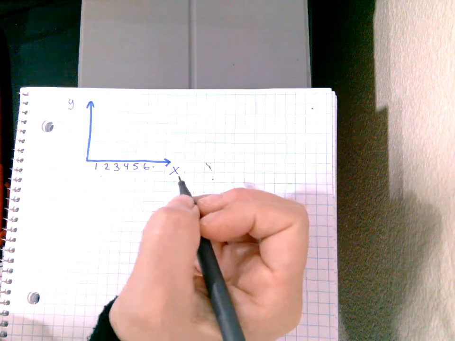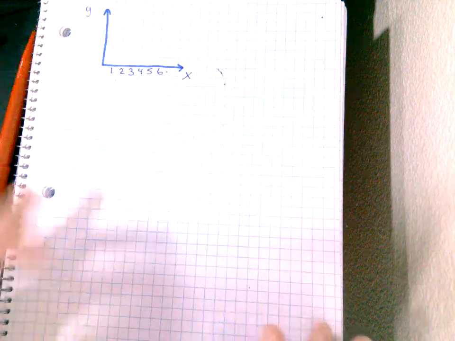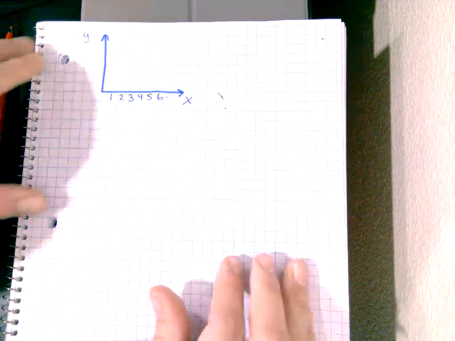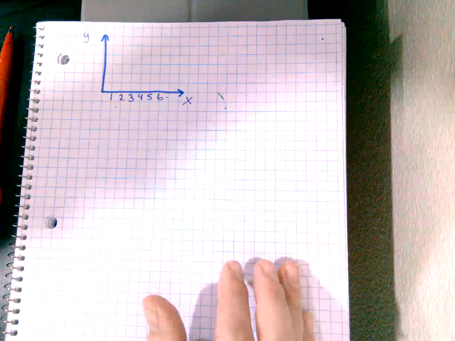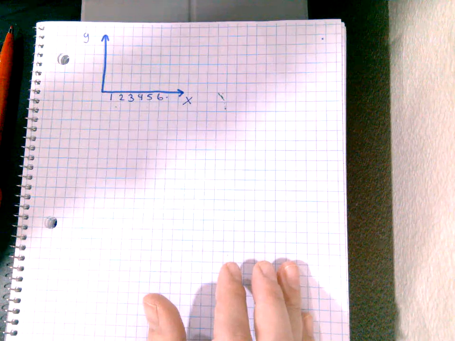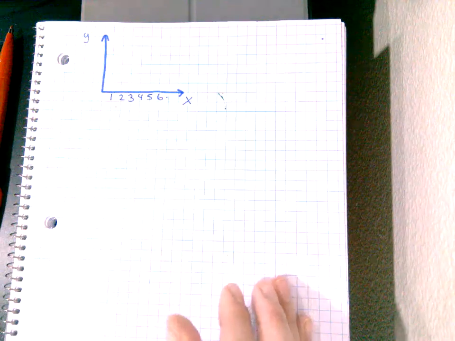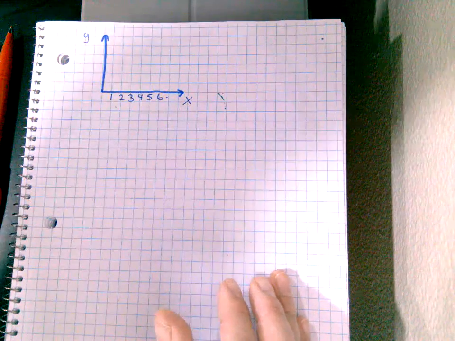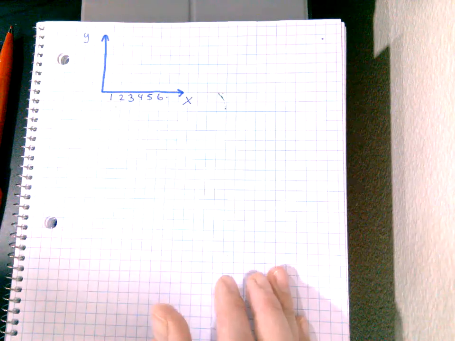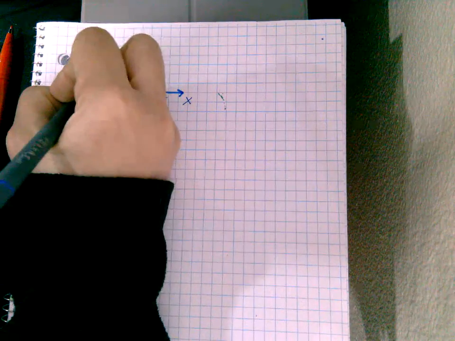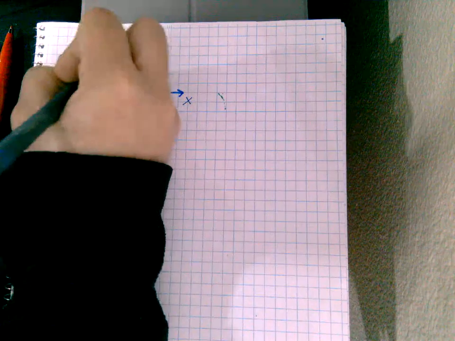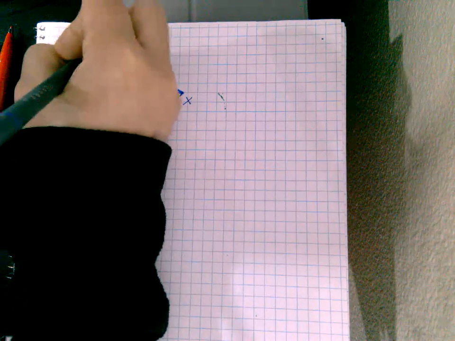Make it easy. I'm going up by 1s on x. Okay, you do the same. Go up by 1s. Five, 10, 15, 20.